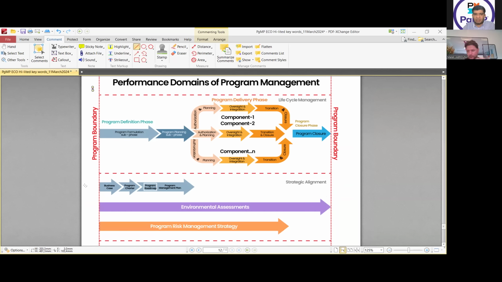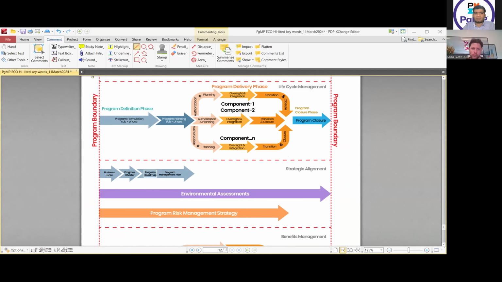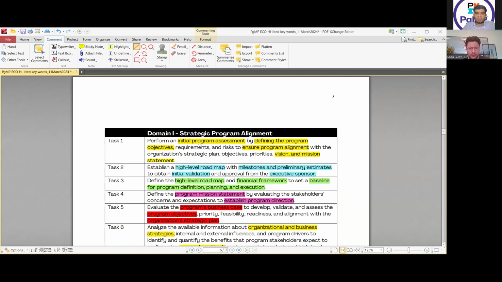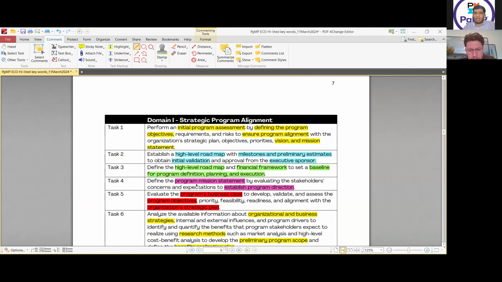When I come in, the first thing I need to make is my business case, regarding what is business case, charter, and the roadmap. This is the first step I'm going to do inside my program boundary. And the mission statement is only to define the program mission statement to evaluate the stakeholders' concerns and expectations to establish the program direction. He's only telling you to define the mission statement. That's all. This is not a document that you have to develop.